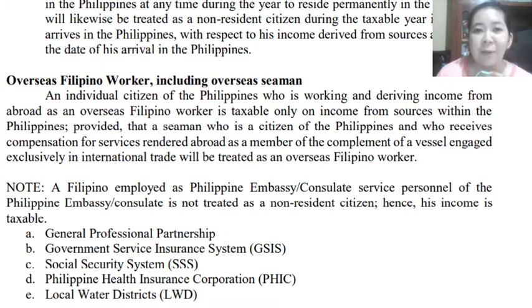Meaning, for OFWs, including our overseas seamen, their income derived from abroad is not subject to tax. Only those income that they derive here in the Philippines are subject to tax. Please take note. So meaning, if they only receive income from their salaries on working abroad, that is exempted from tax.